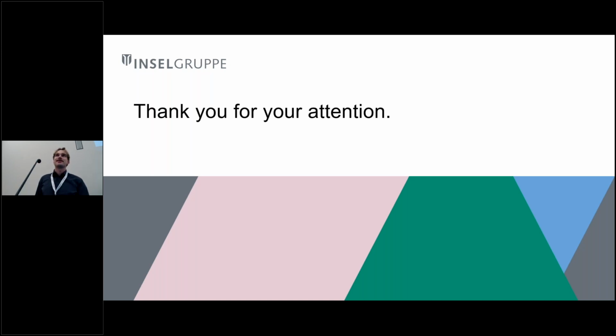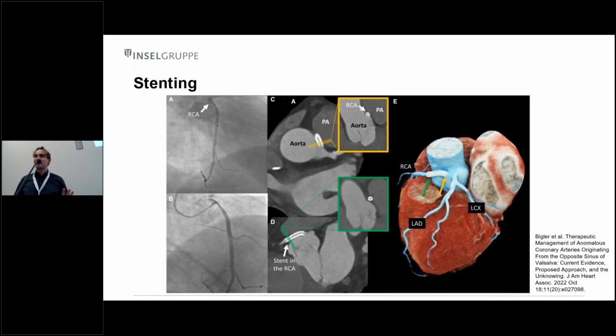Is there any additional risk to putting a stent in the application where the vessel is in the wall? I brought a slide for that. That's a very interesting question. There was only one paper published 10 years ago where they stented like 20 of these patients and had a very high restenosis rate.